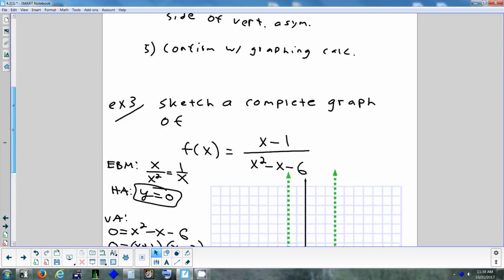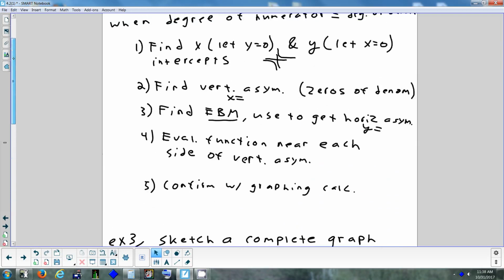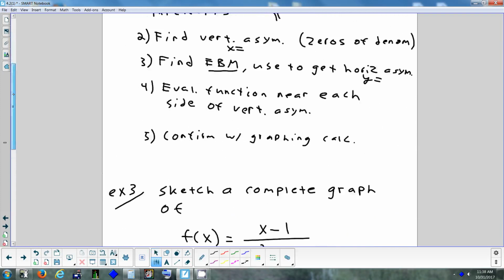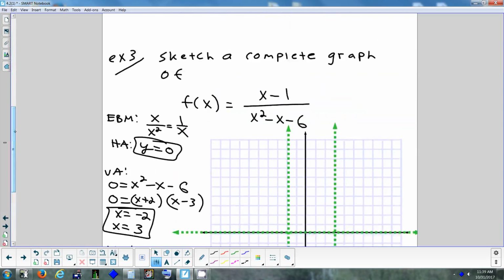Let's see if we have intercepts. Okay, let's start with the x-intercept. That means you set y equal to 0. Well, that's y right there. So if you put a 0 in for what I just circled, you'd have 0 equals that fraction.